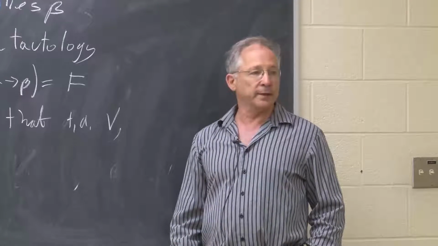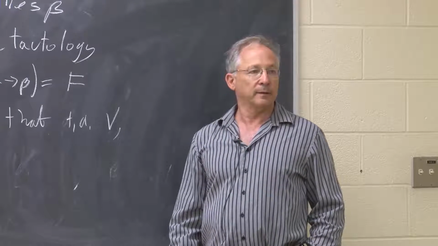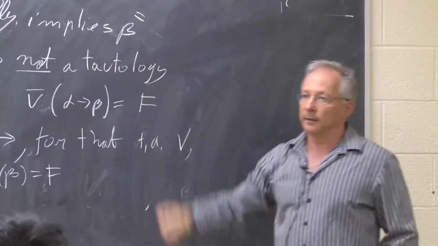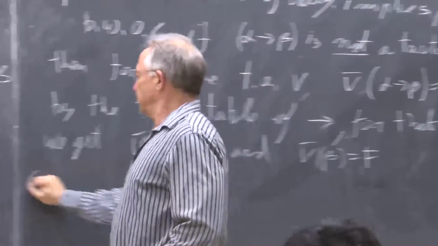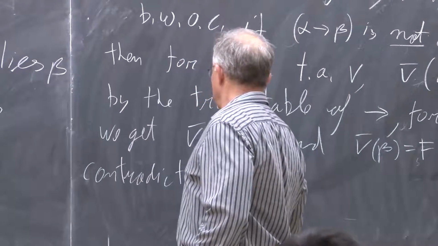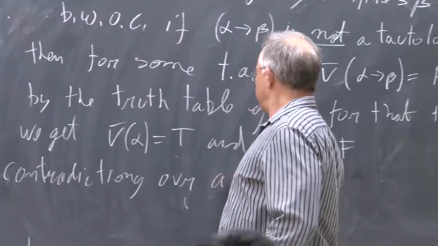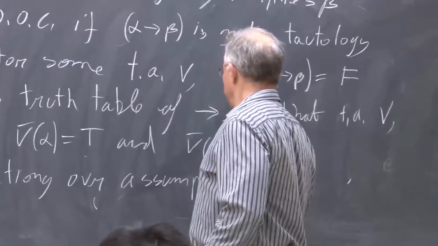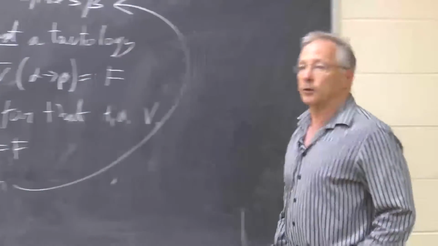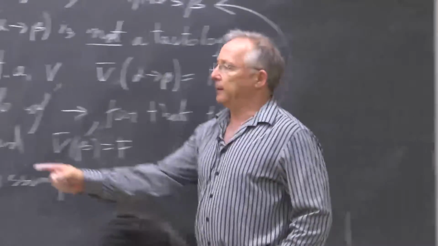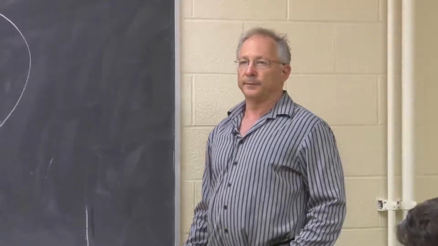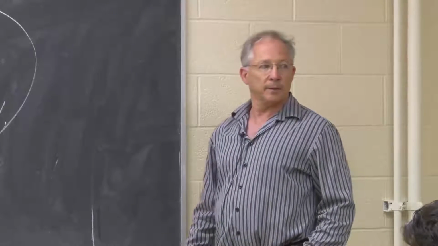Now, what's wrong with that? It contradicts our assumption. If alpha logically implies beta, then for every V that makes alpha true, this V should also make beta true. So we showed one direction.